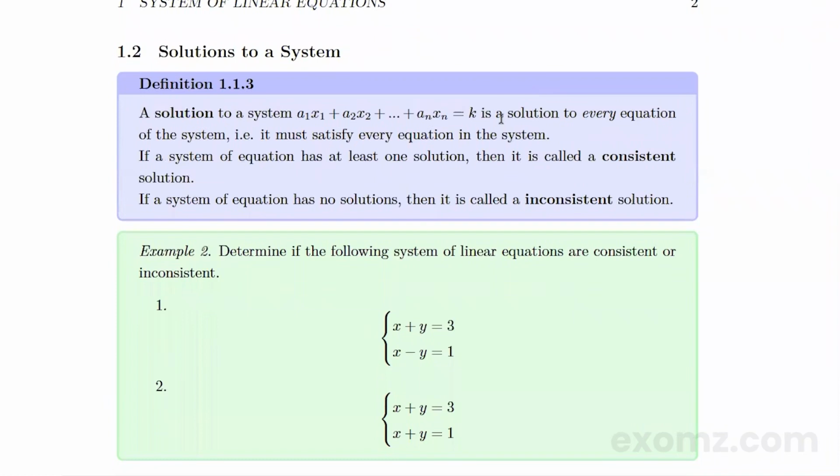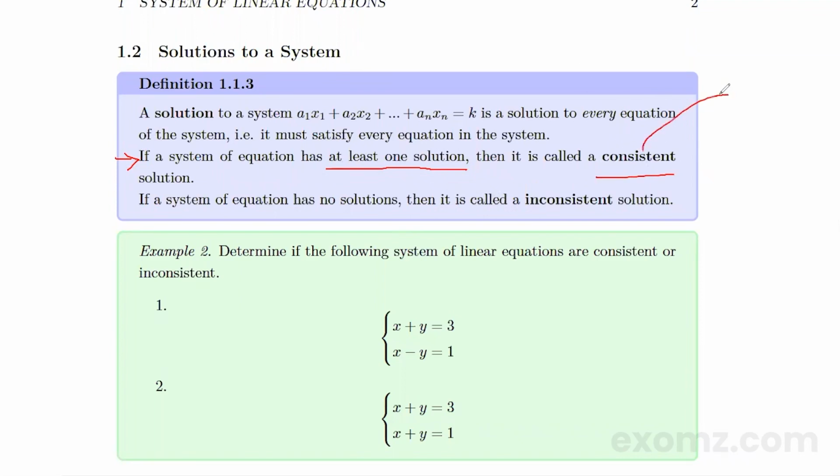Now, let's take a look at the solutions to a system. A solution to a system is a solution to every equation of the system. That means it must satisfy every equation in this system. So first of all, if a system of equations has at least one solution, then it is called consistent.